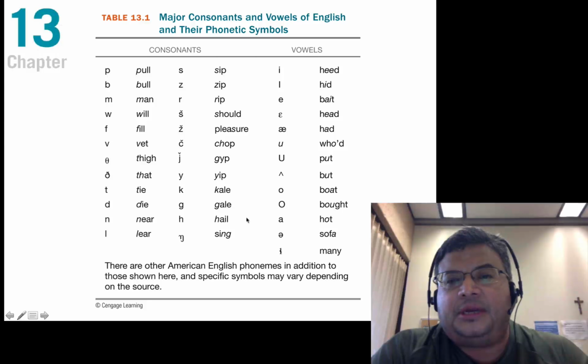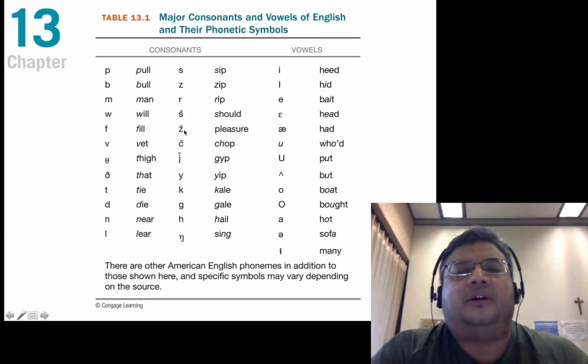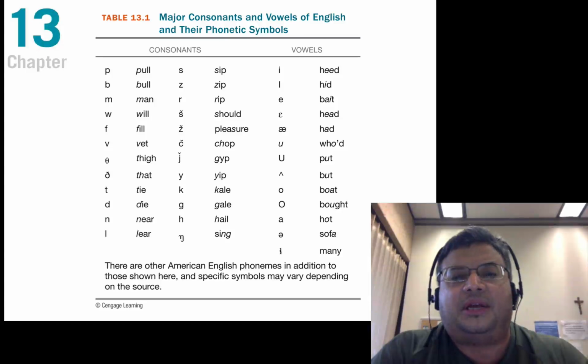So here's hot, ah for hot, o for sofa, many, a for bait, e for head, a for had, hood, oo, p, but, boat, bought.